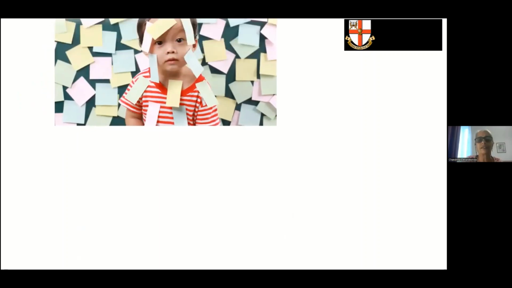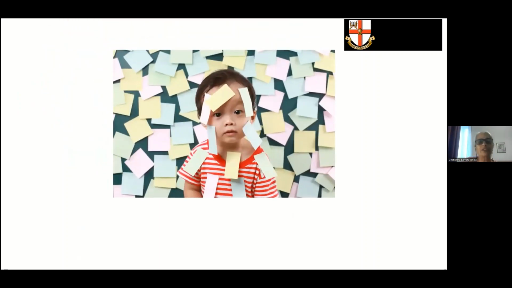This is from one of my publications. So my question is, a child can have different labels put on the child's face or on the child's name, for example. But is it the child behind the label who is important? Is it the child or the label?